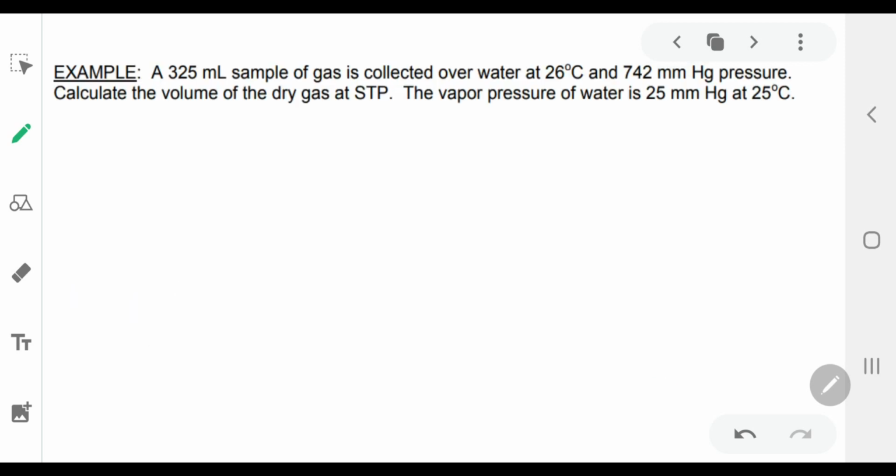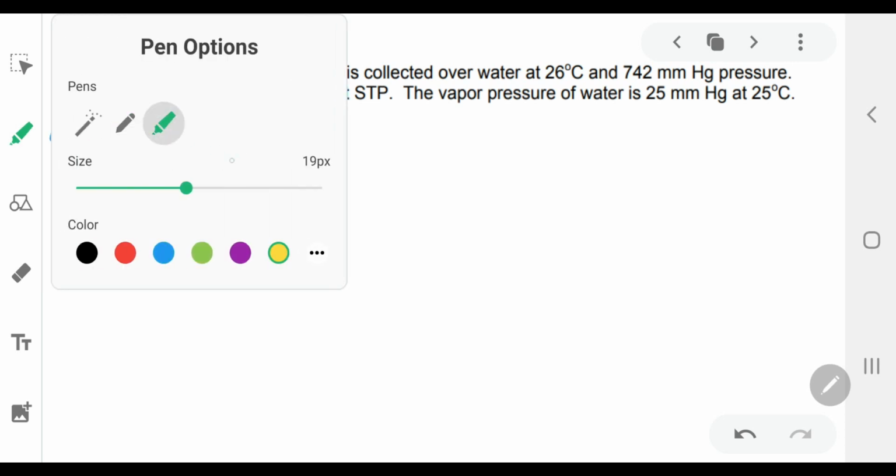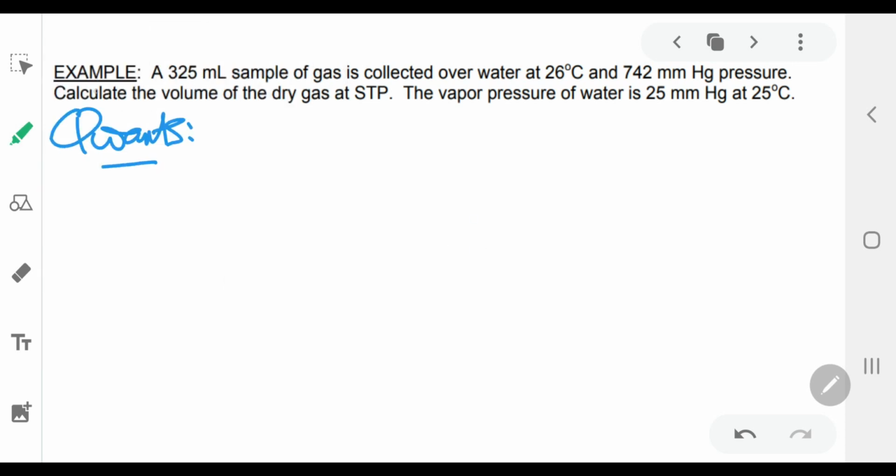So now we're going to have a look at the next example. Okay, what about the second example over here? How do we do this? For the second example, as usual, we need to find out what the question wants. Okay, so the question wants you to find this.